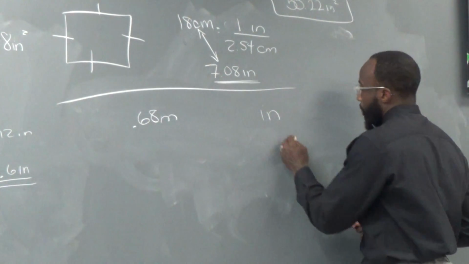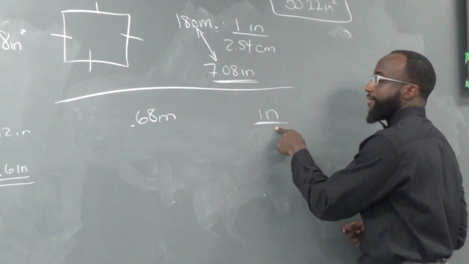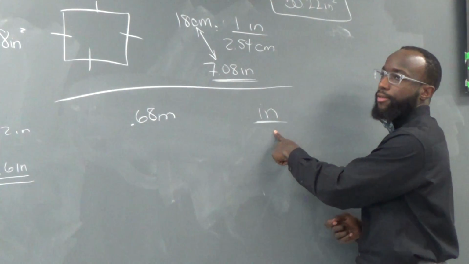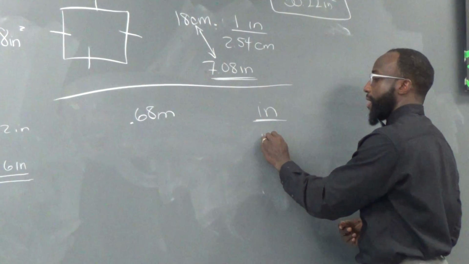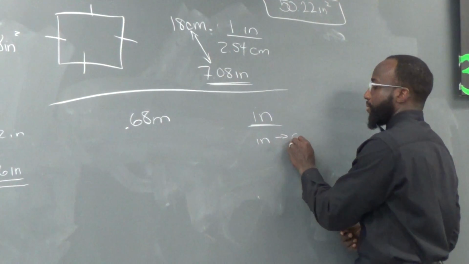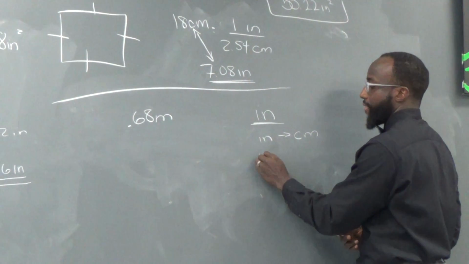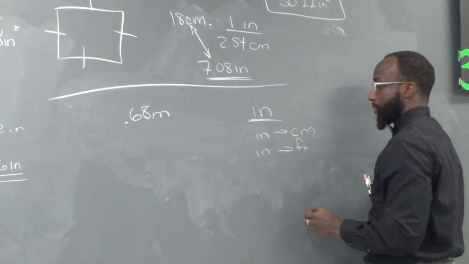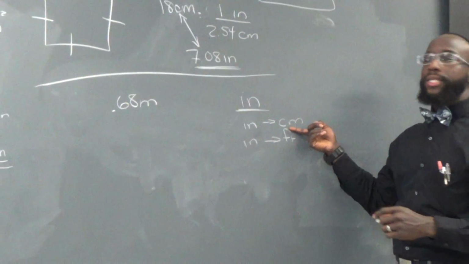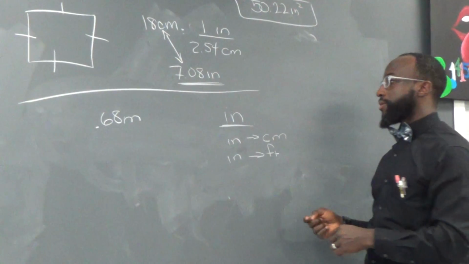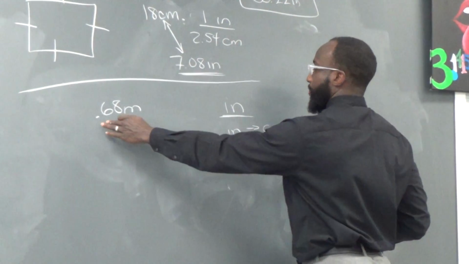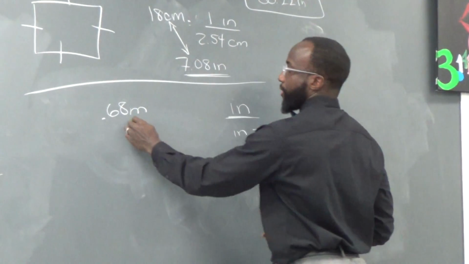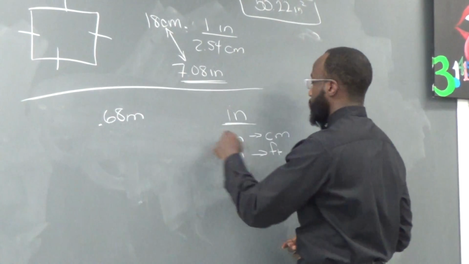No. So let's think about inches. What conversions do we have for inches? We have inches going to centimeters, and we have inches going to feet, right? We're all right with the centimeters. Now, between these two, do you have a conversion from meters to centimeters?